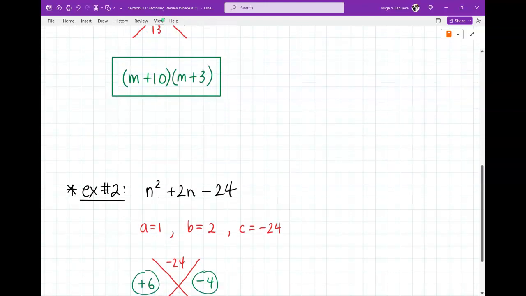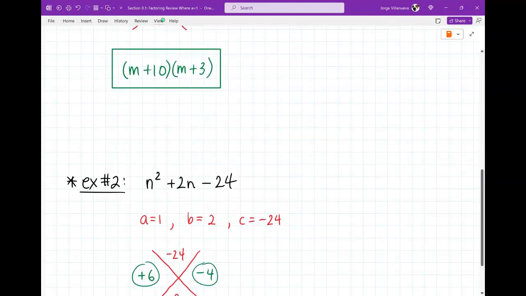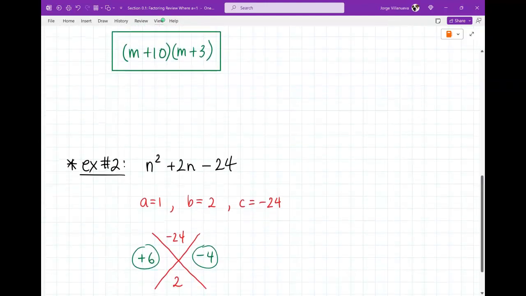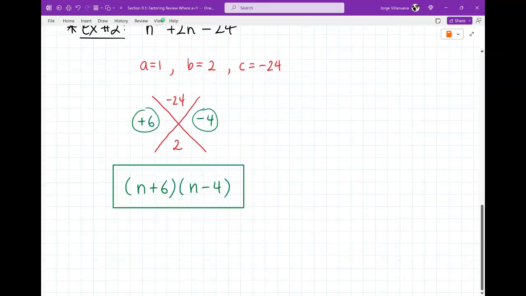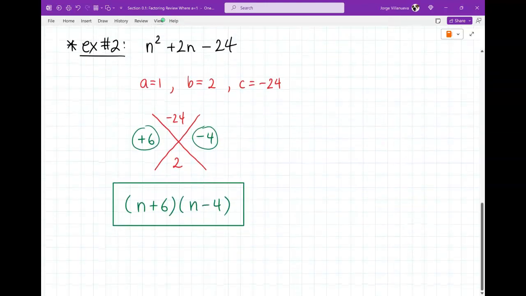So m plus 10, m plus 3. It's just a common mistake because we're so used to always using x's, so sometimes we just automatically put an x. And that's it. That's what we're doing for today. Real quick review. Tomorrow we'll be doing some reviews of other types of factors.